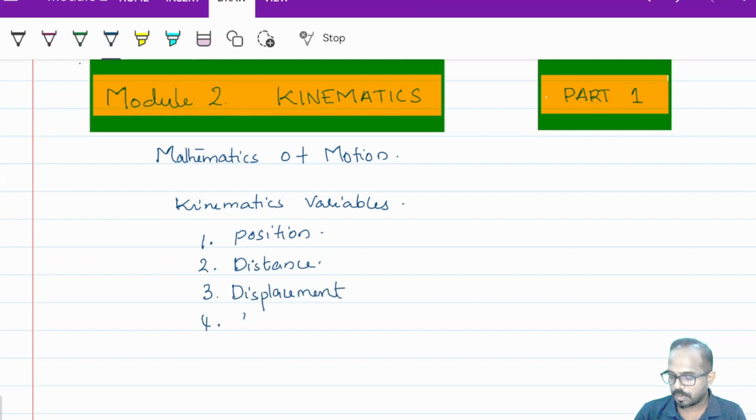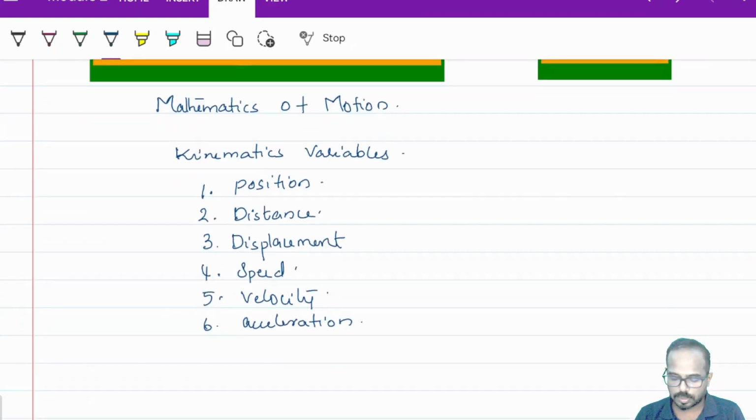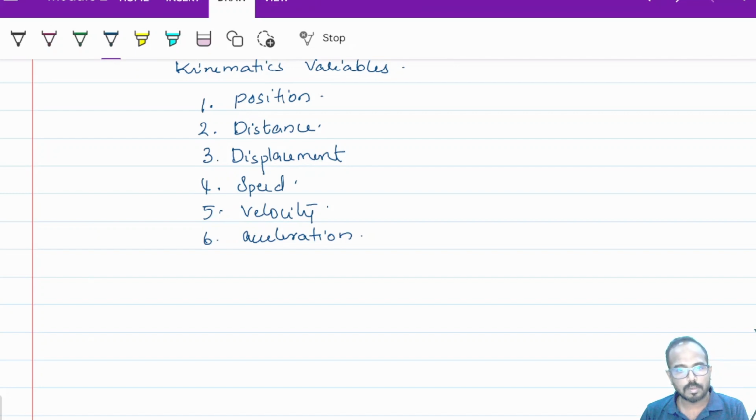Fourth one, speed, velocity, acceleration. First, we will learn and understand the concept of position, distance, displacement, speed, velocity, and acceleration. These variables are the basic variables required to study motion.